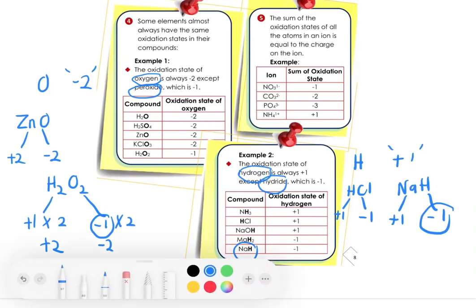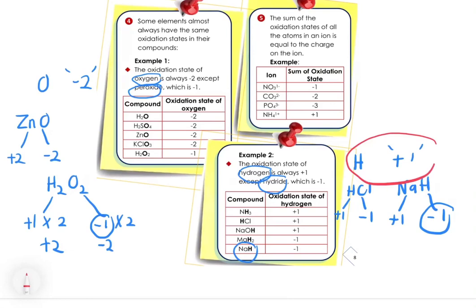So if I make myself clear again, hydrogen is always +1, except in metal hydride it is -1. Oxygen is always -2, except in peroxide it will be -1.